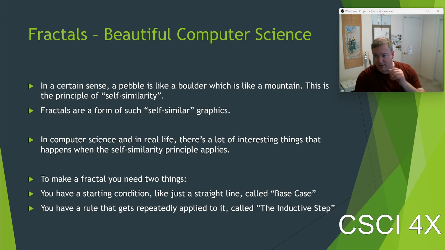So you zoom in on a grain of sand and it looks kind of like a pebble, and then a pebble kind of looks like a boulder, and a boulder kind of looks like a mountain. And so when you zoom in or zoom out, it still looks similar. Now some grains of sand look like crazy crystals and things like that, but this is an example of the self-similarity principle in real life.